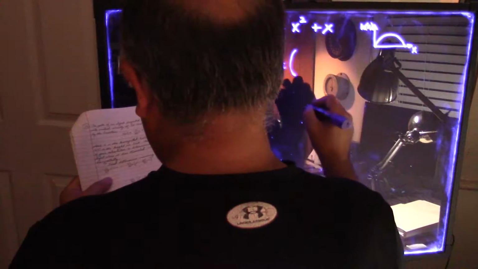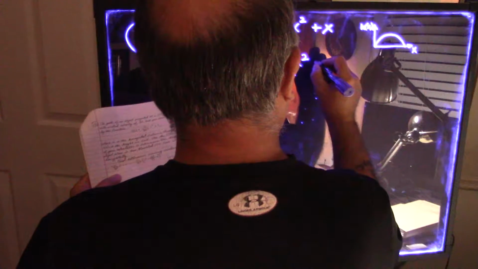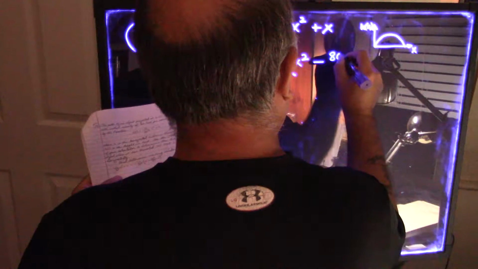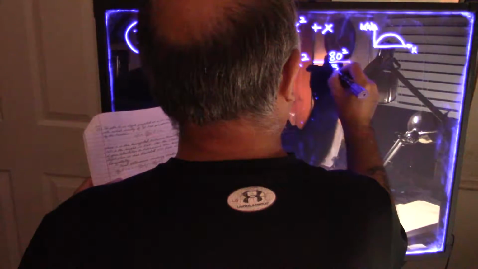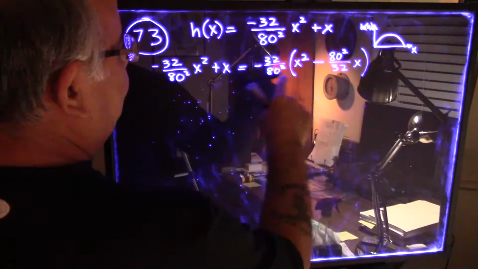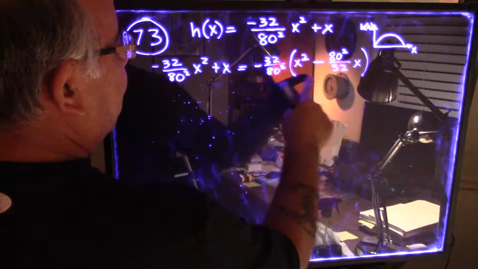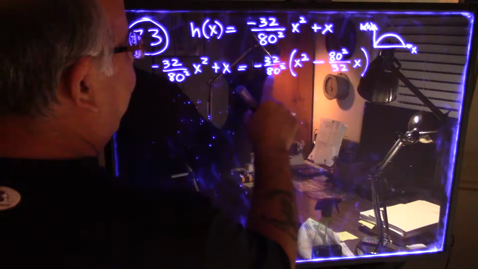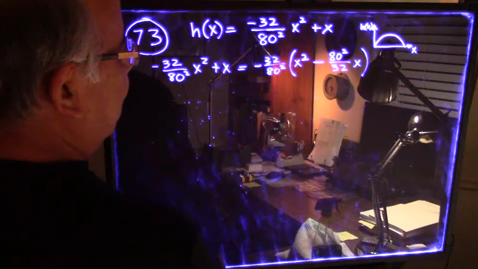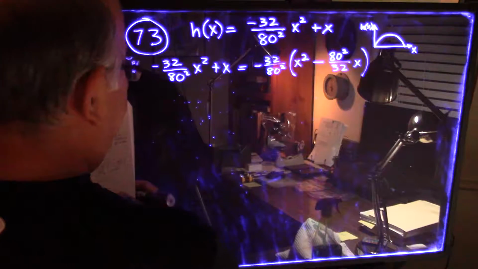Don't worry. We've got x squared minus 80 squared over 32 x. I just inverted this, and when you multiply these two you get a 1, so that's the 1x. And negative times negative is positive, so it's what we wanted. That wasn't too bad.